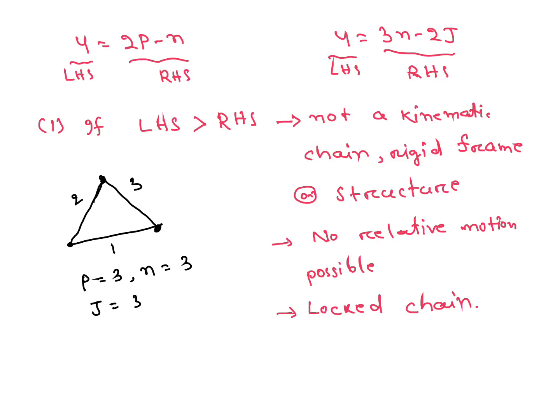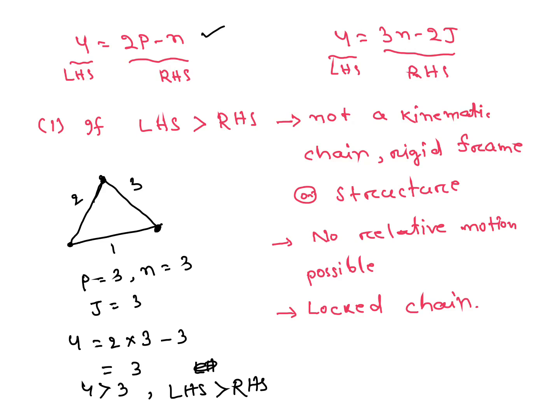So first we will check for this one. 4 equal to 2 into number of pairs, 3, minus 3. So its value is 6 minus 3, 3. LHS 4 is greater than 3. So LHS is greater than RHS. So it's an example of a structure, a structure or locked chain.